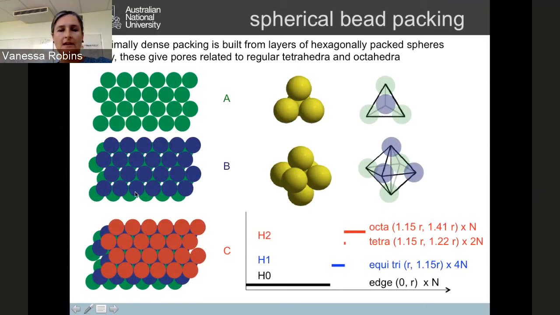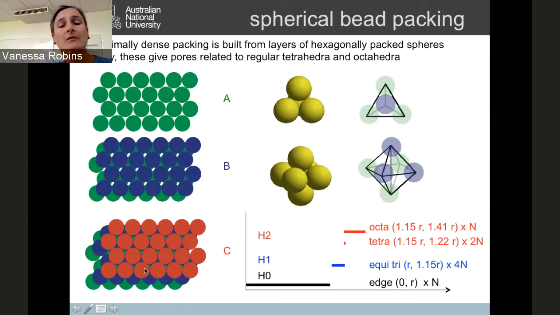It can sit as I've drawn here, so that the red spheres are covering the little holes that were still visible between the green and the blue layers. Or the third layer could come back and sit on top of the A layer. So we can describe these crystalline closest packings by stacks of these layers in different configurations.